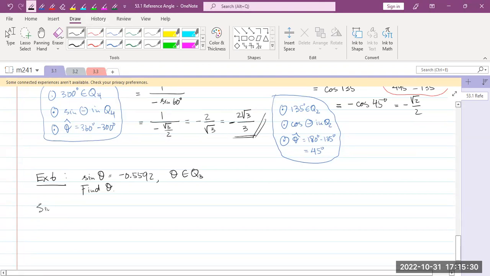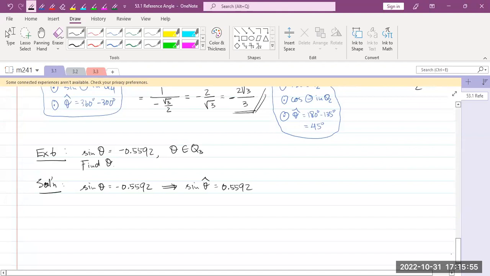Okay, solution. Since sine theta equals to this number, then sine of the reference angle must be positive number with the same numerical value, right? Now, and remember, reference angle must be an acute angle.